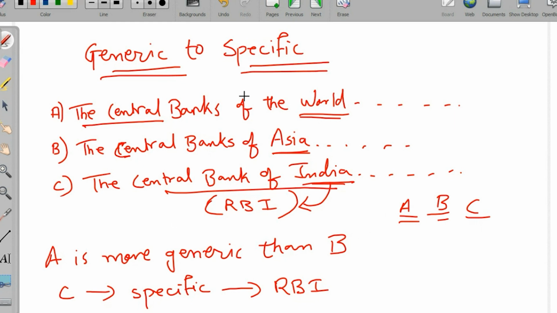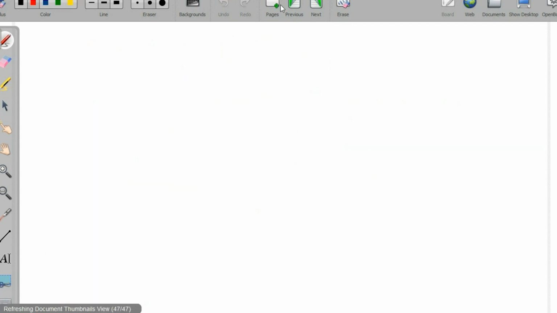The other type is where you will be given a generic statement and then that generic statement will be followed by an example.